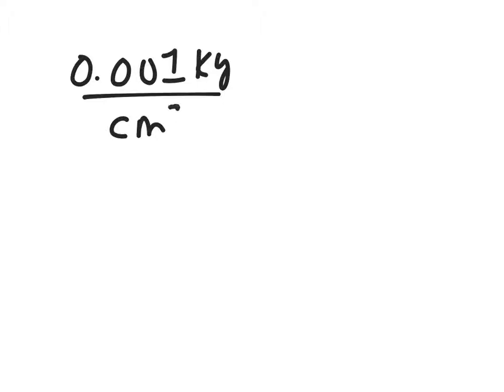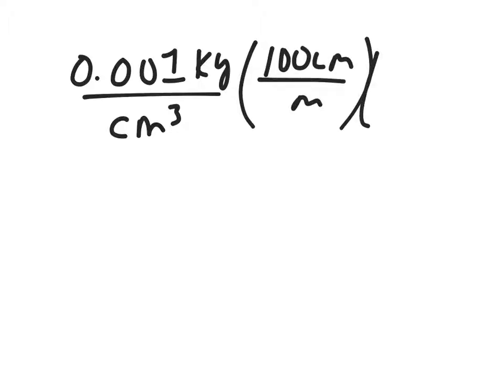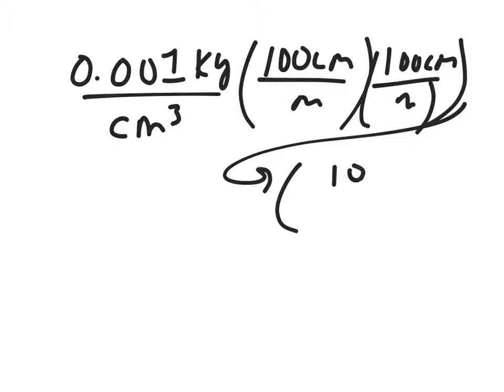So let's backtrack to where we were after we converted to kilograms per centimeter cubed. So we had 0.001 kilograms per centimeter cubed, and I'm going to do the conversion 3 times now. 100 centimeters per meter times 100 centimeters per meter. I have to go to the next line here. Times 100 centimeters per meter.